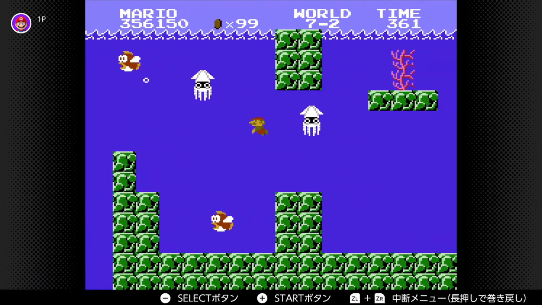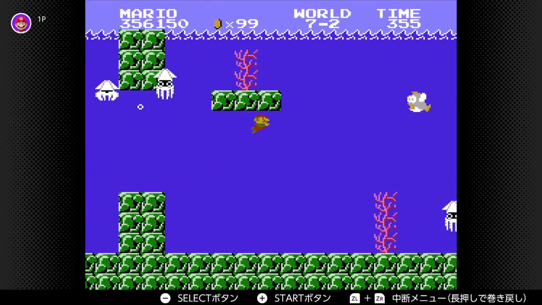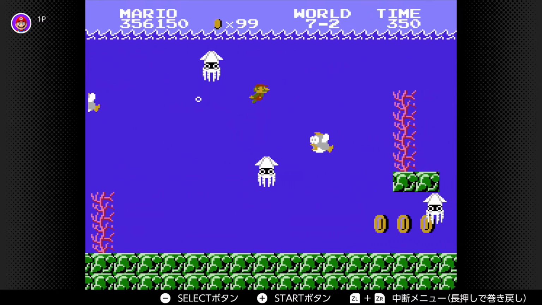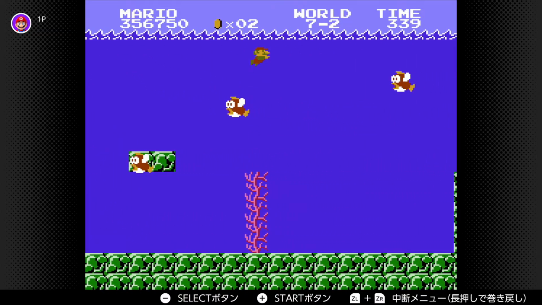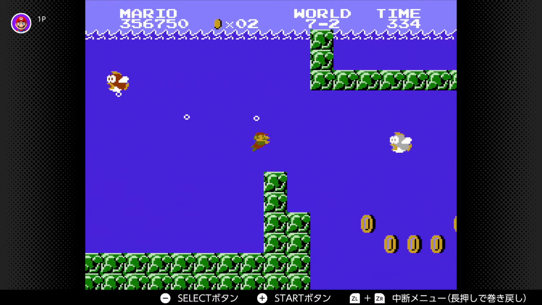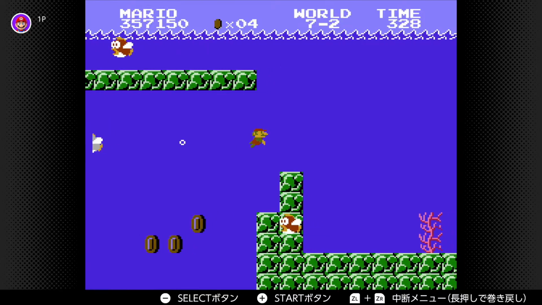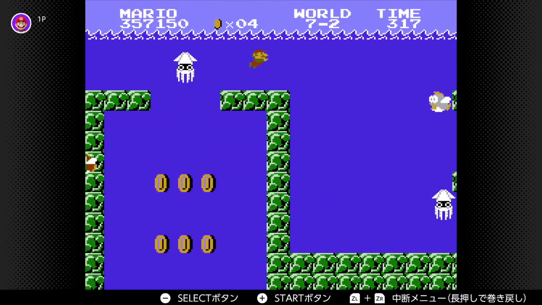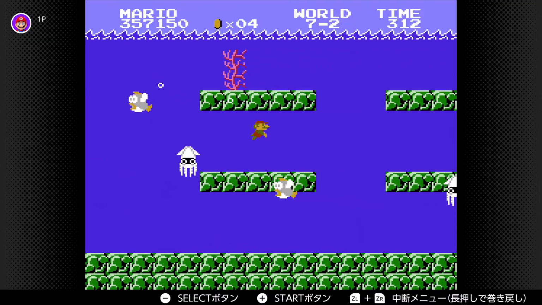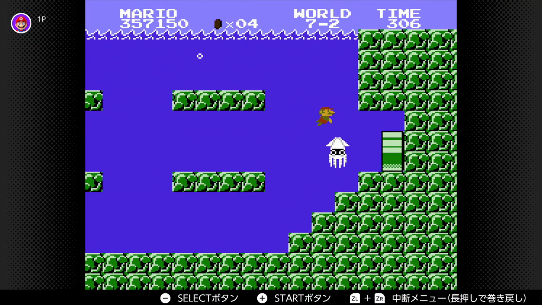Oops. They're definitely the most difficult underwater enemy because they definitely aren't on their own. Let's try. Okay. Be quick enough to avoid everything.